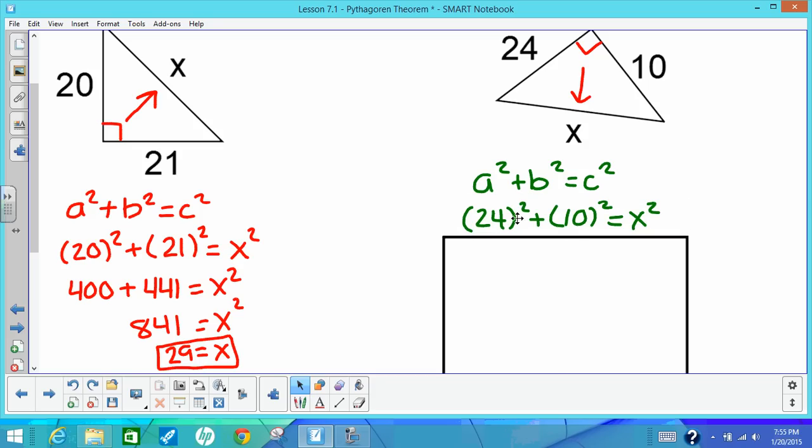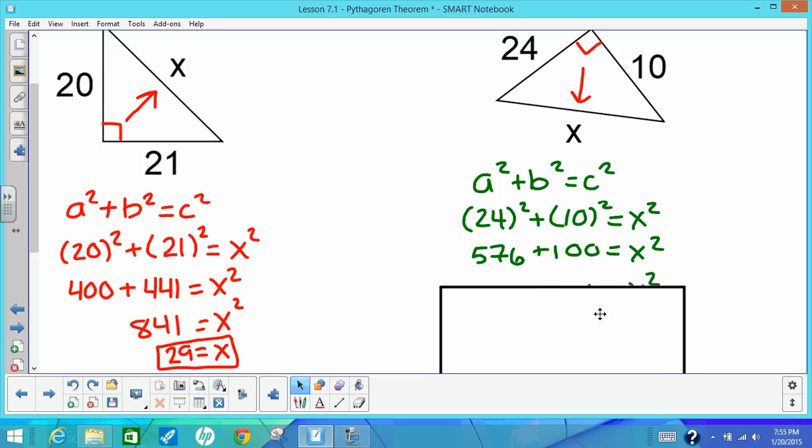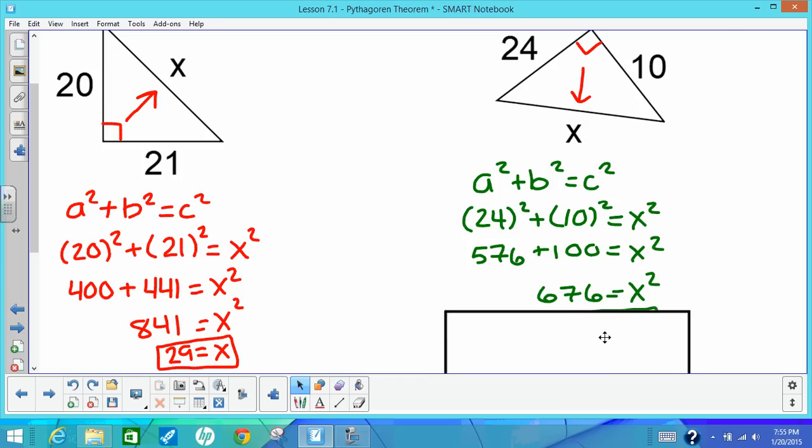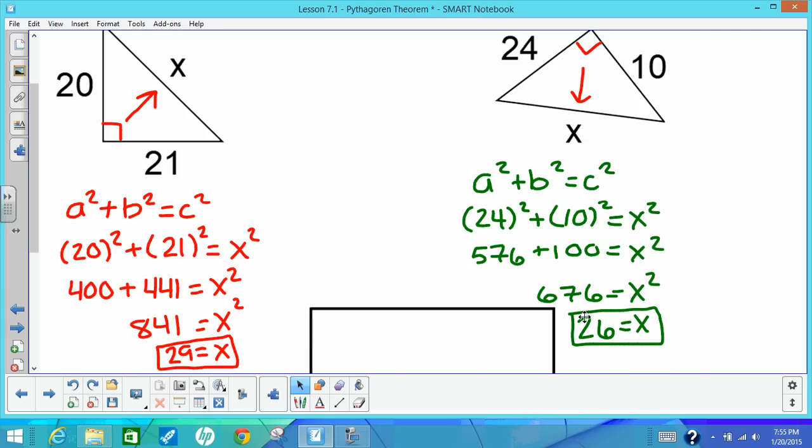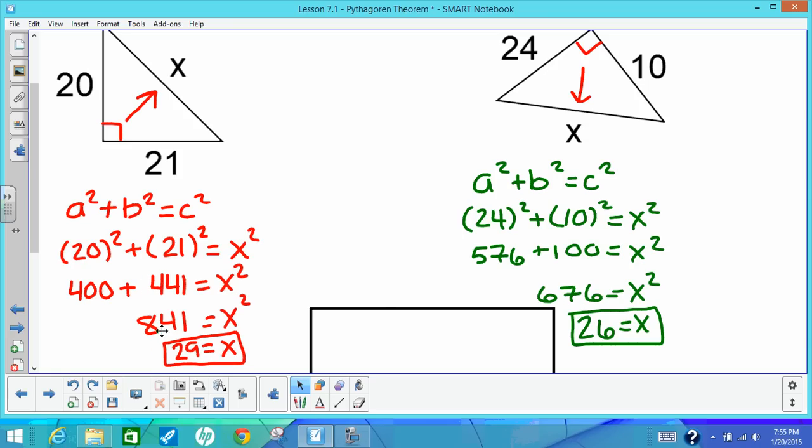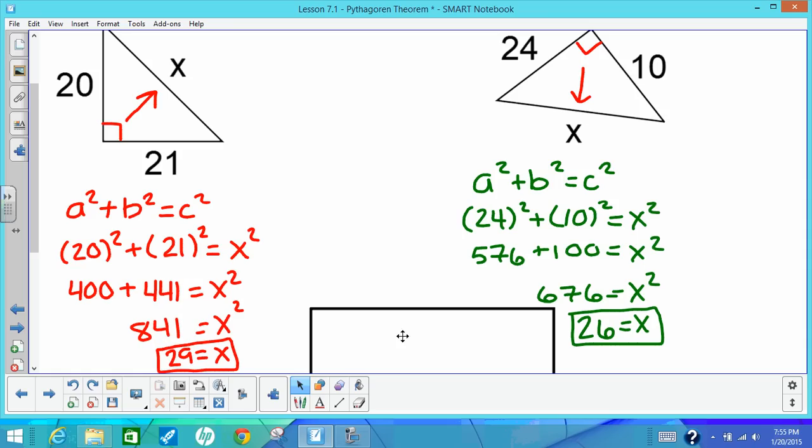You could have 10 squared plus 24 squared if you'd like. x goes in for my hypotenuse, which is c. Do some simplifying. And then finally I get the square root of 676 is 26. So the hypotenuse here is 26. Make sure you always try and take the square root to see if it is a perfect square. You might not know 676 or 841 are perfect squares, but they are, so you might as well check.